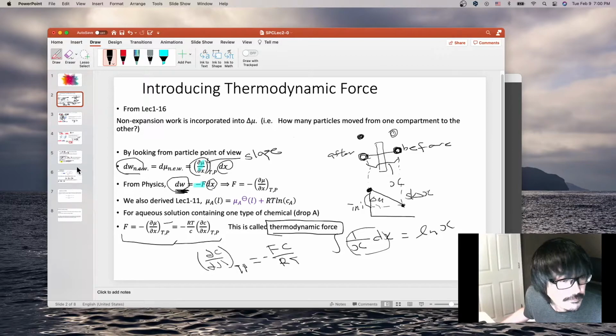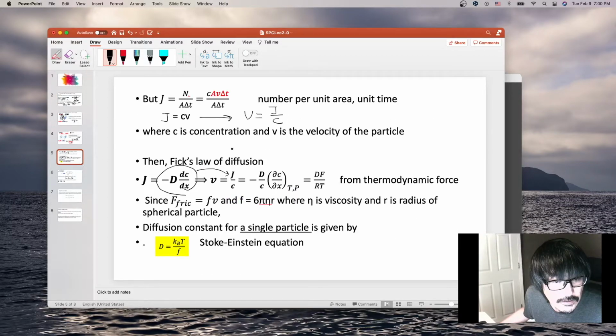Okay, so what was the thing? So you get these things right here. The C cancelled, of course. Then you get these things right here. So the velocity, the speed, is equal to these things right here. So we have this B equal to dF over RT, right?